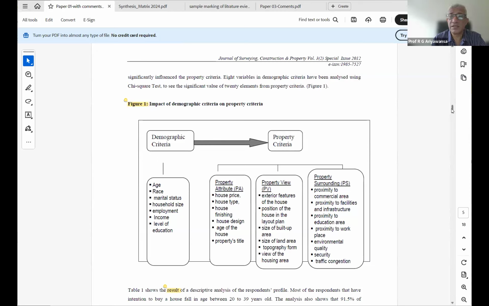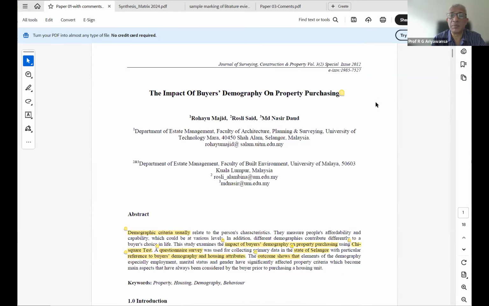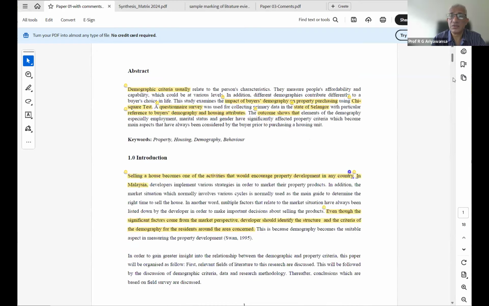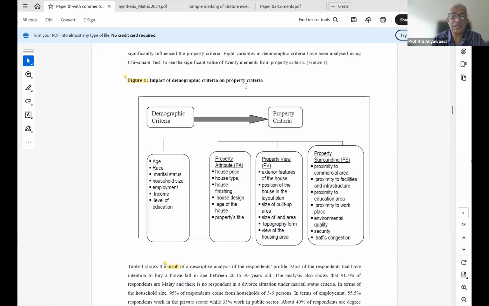What they are investigating is the impact of demography on property purchasing, right? So the researchers have examined the impact of demographic criteria on property market or property criteria.